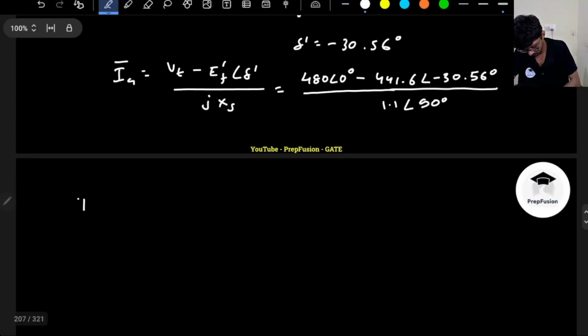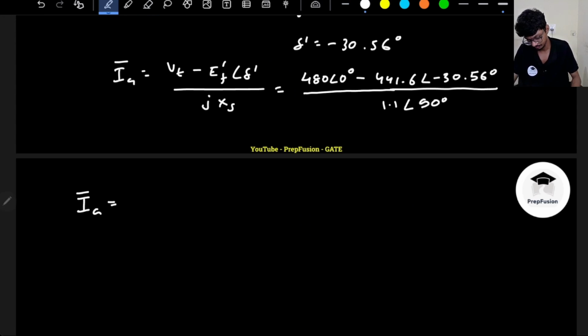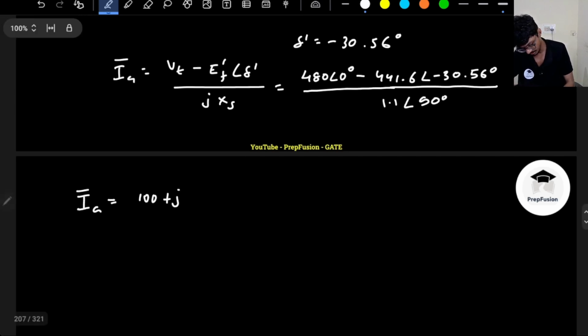So IA equals cos of this into 441.6 plus 480, so this will be 100, and this is negative, and already this is negative, so this will become plus. 30.56 sine into 441.6, this will be plus j 224.53, over 1.1 angle 90.